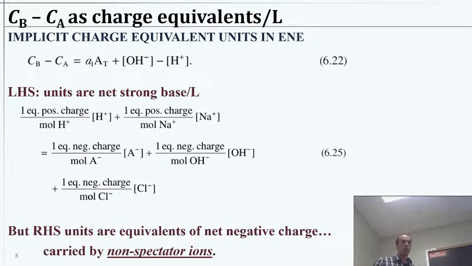Add that to one equivalent positive charge per mole of Na plus, and so on. The right-hand side, these are equivalents of net charge carried by the non-spectator ions. So I'm just saying we can look at all of this from a charge equivalence perspective. That's all I'm saying here, because it's coming from this electroneutrality equation.